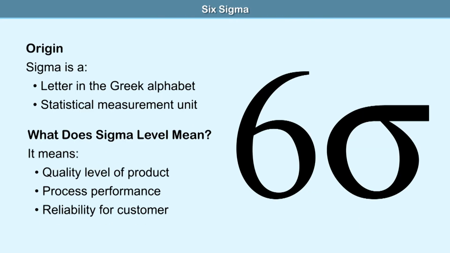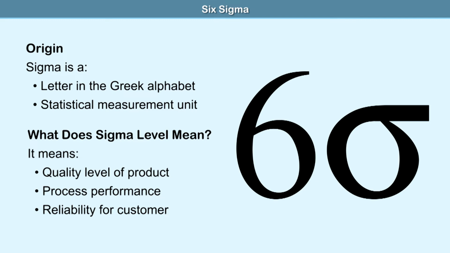The next quality management system is about 6 Sigma, origin. Sigma is a letter in the Greek alphabet. It is a statistical measurement unit. What does 6 Sigma level mean?